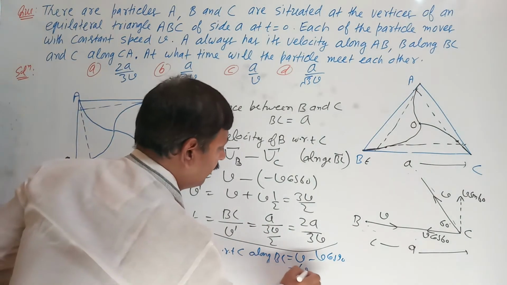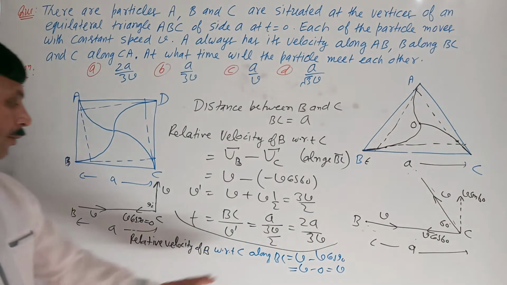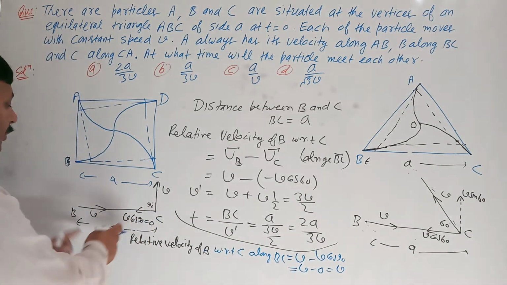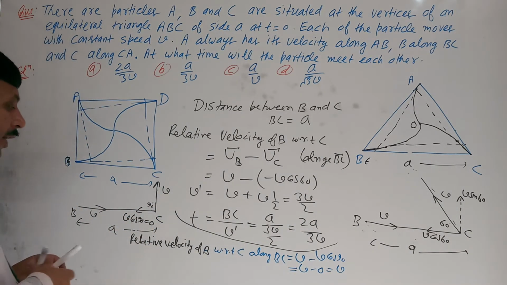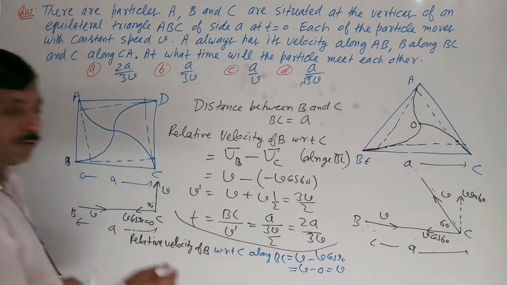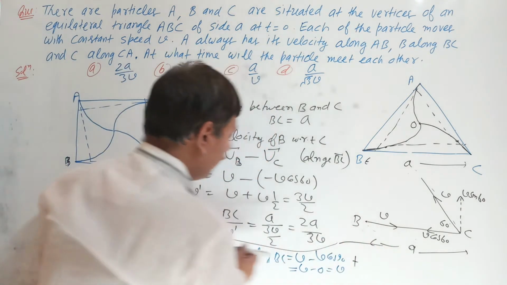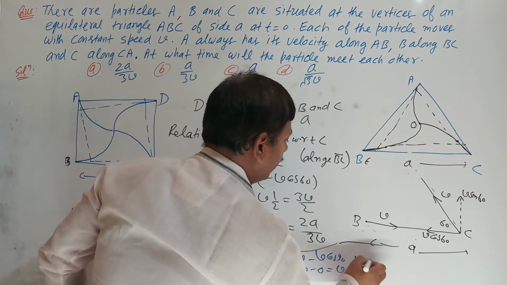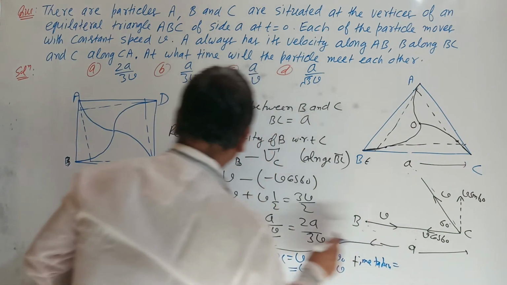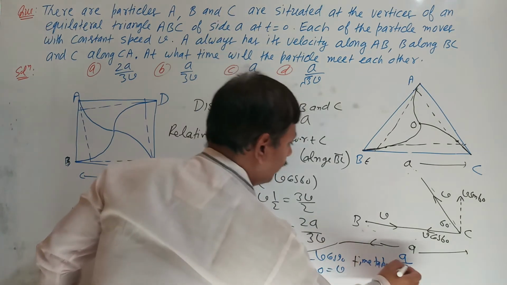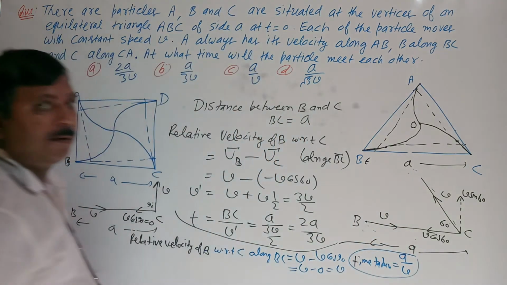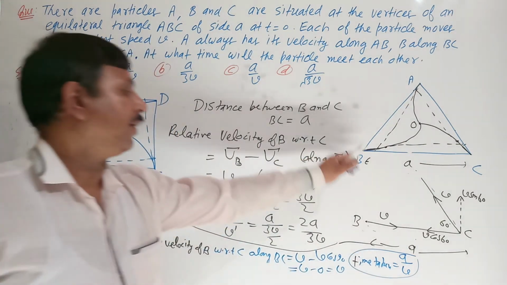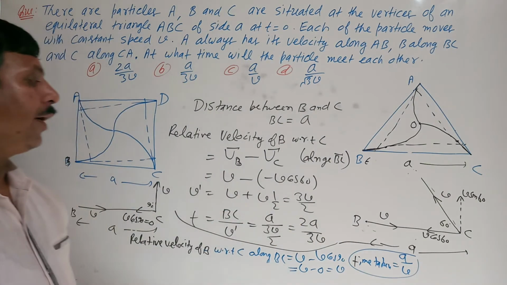So only V minus 0 comes, that is V. So the relative velocity of B along BC will be V, and the relative distance between them is A. So what will be the time taken in this question? When there are 4 particles, the time taken will be distance A upon V. So in this question you can see, if 4 particles are there, time taken will be A upon V. If 3 particles are there, time taken will be 2A upon 3V.